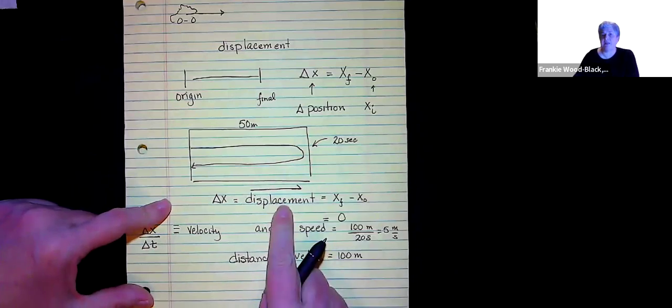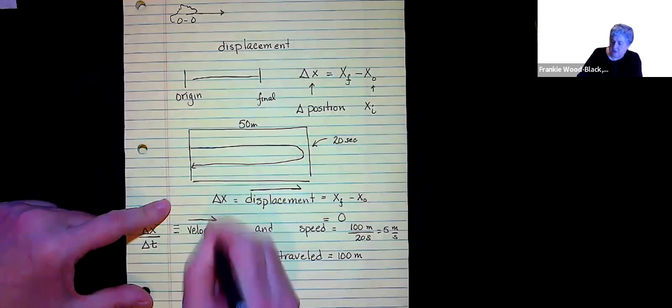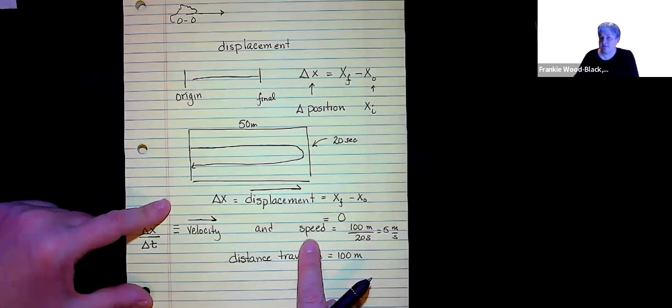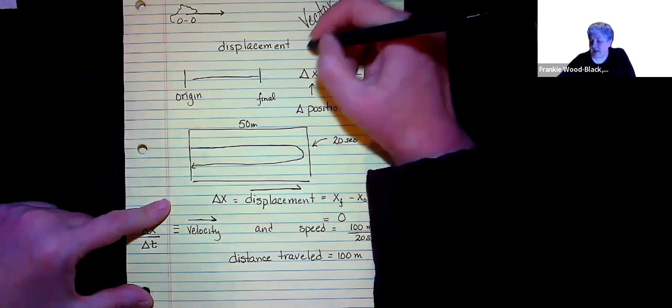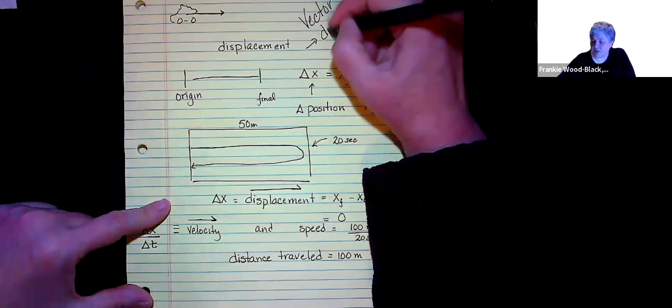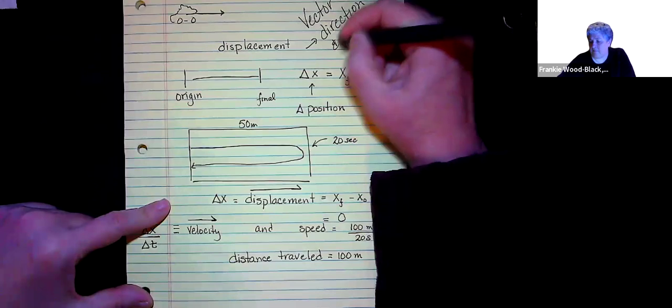And we're going to represent it by using a vector symbol. Velocity is a vector, but speed is not. A vector has direction and magnitude.